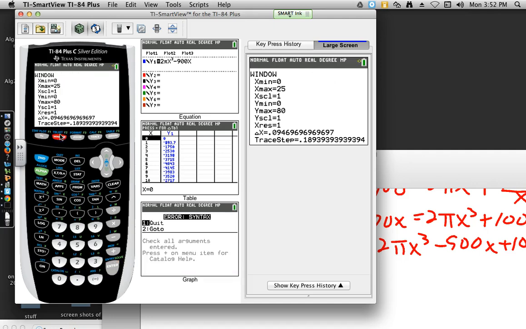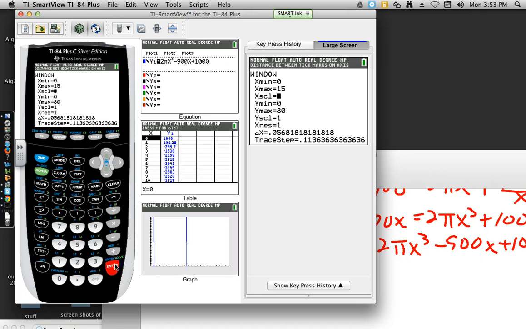And pretty obviously we need to think window here. So minimum of 0, and our x is actually the radius of the can. I don't know, let's maybe go with 15. And what we're really looking for here is the surface area, and when we started off, they had 900 as the surface area.